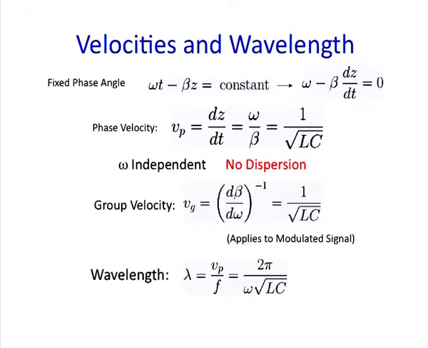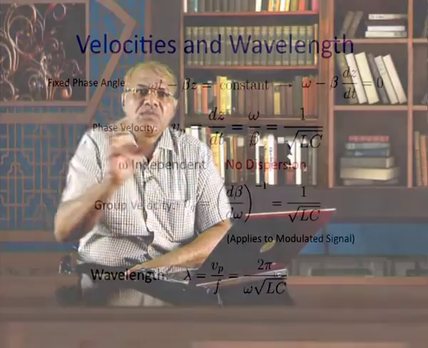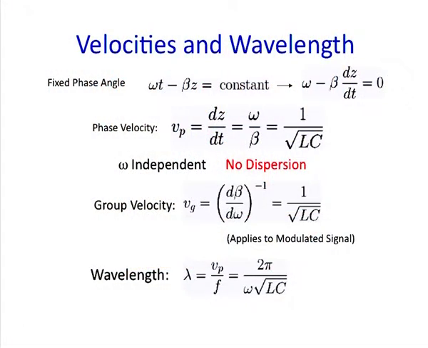Multiple frequency components moving have a net speed that differs for different components, especially when we provide a modulated signal having frequency components from f1 to f2. So, the average velocity with which this pulse is propagating, we define as the group velocity.